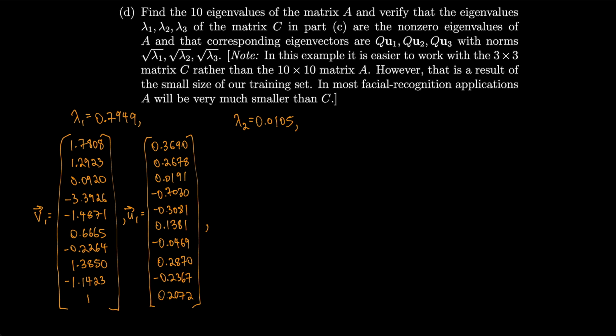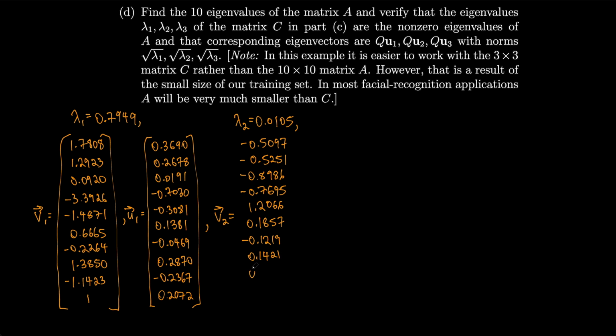Okay, so then that one gives us eigenvector v2, given by negative 0.5097, negative 0.5251, negative 0.8986, negative 0.7695, 1.2066, 0.1857, negative 0.1219, 0.1421, 0.43381.